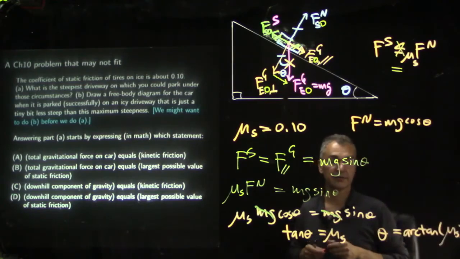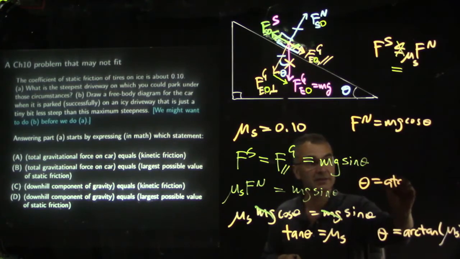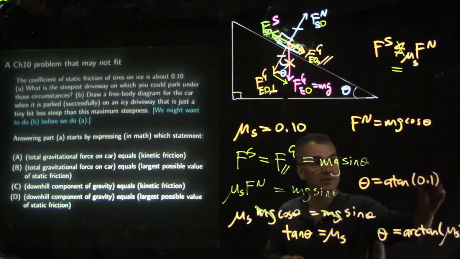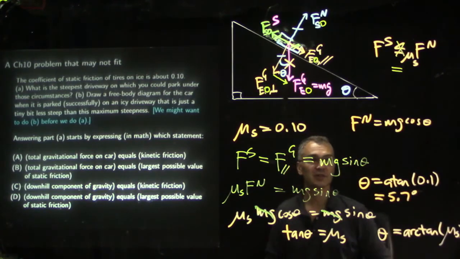Then you have to make sure you get degrees versus radians correct. But theta is arctan of 0.1, which is something like 6 degrees. Okay, 5.7 degrees if I do it carefully. That's because a radian is about 57 degrees.